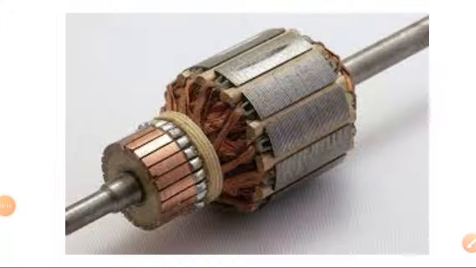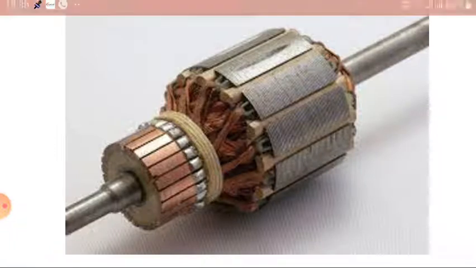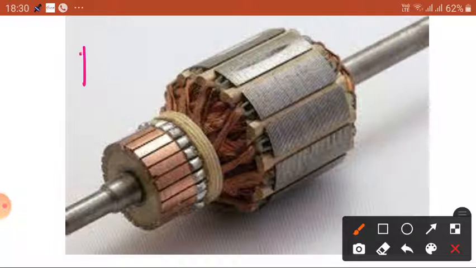And dear students, here one practical problem is given. Develop a simple wave winding for a DC machine having 34 armature conductors and a 4-pole machine. That means the number of poles is given as 4, and the number of conductors is given as 34.